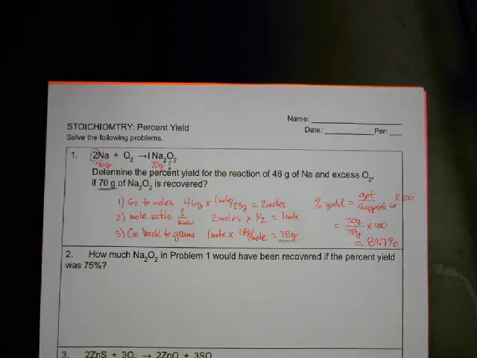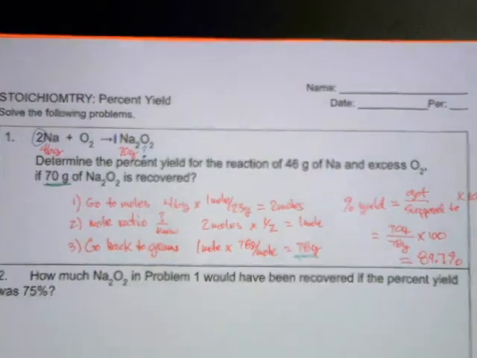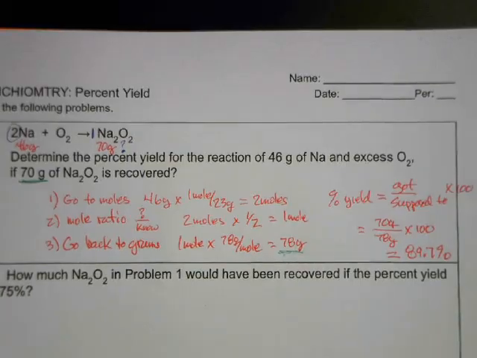Yes? How's that? Okay? So it's a little bit extra than a regular stoichiometry problem because in reality, you almost never get what the math says you could get if everything was perfect. Because in reality, almost nothing is ever perfect.